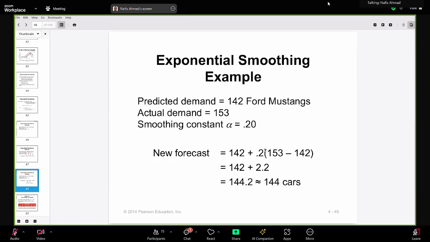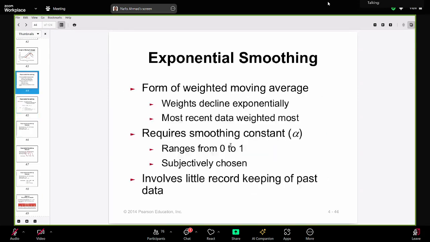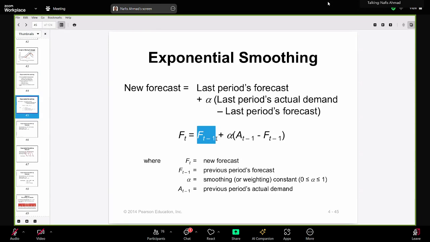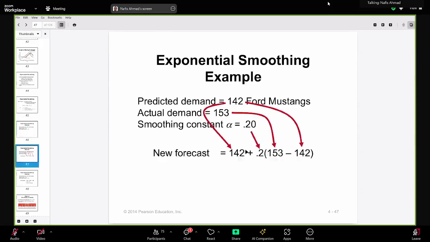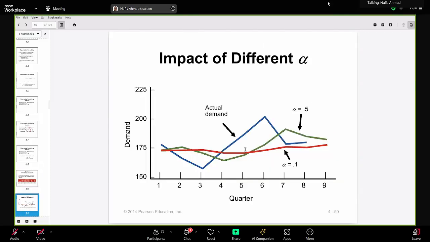From the equation, alpha is multiplied by actual minus forecast, which is the difference between actual and forecasted value. If you increase the value of alpha, the impact of this part will increase. So that is the impact of different values of alpha.